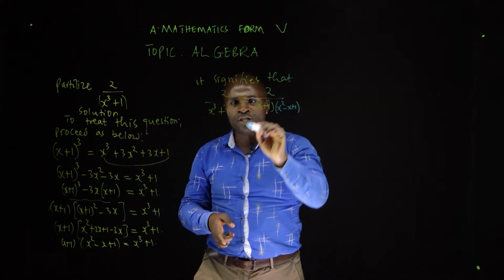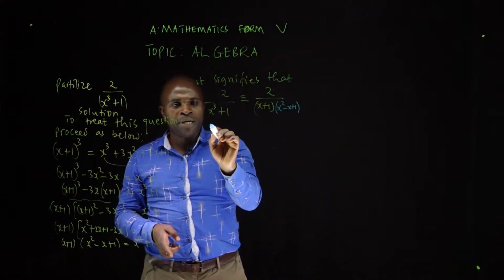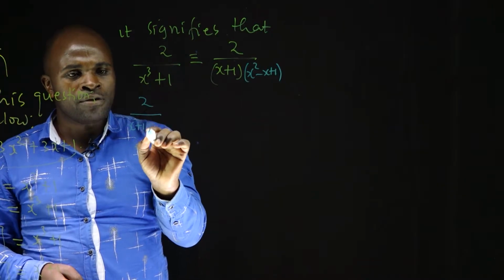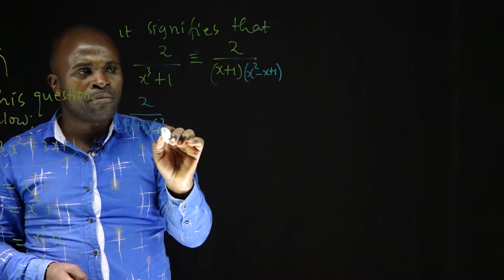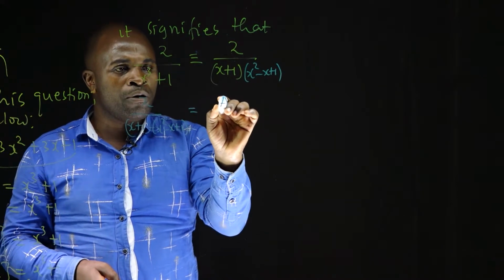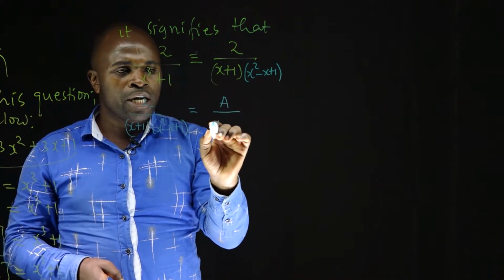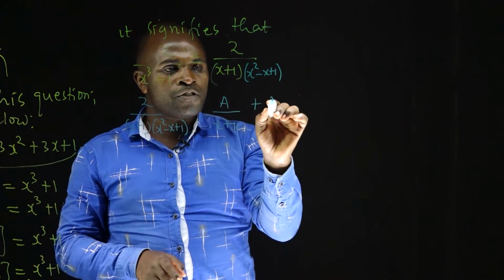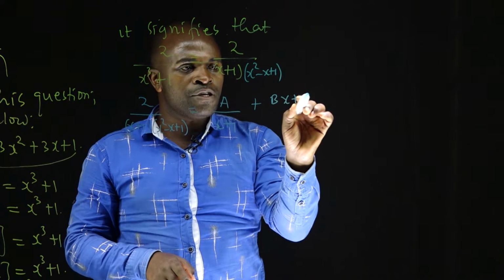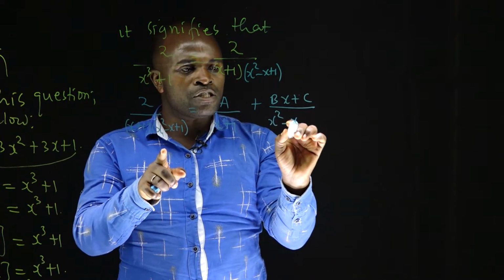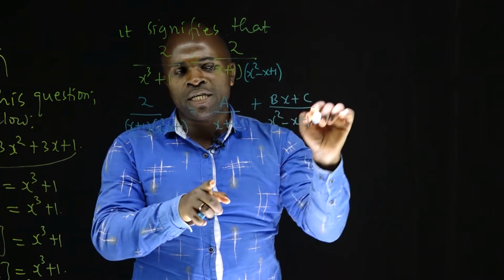So partialization here, it will be appearing as 2 over x plus 1 and x squared minus x plus 1 equals a over x plus 1, it is a linear factor denominator, and then plus bx plus c over x squared minus x plus 1, which is a quadratic now.